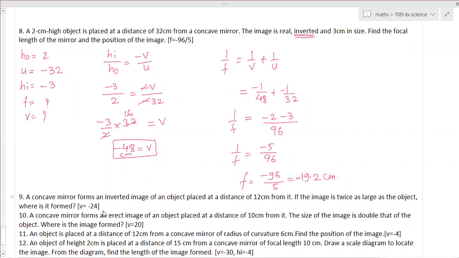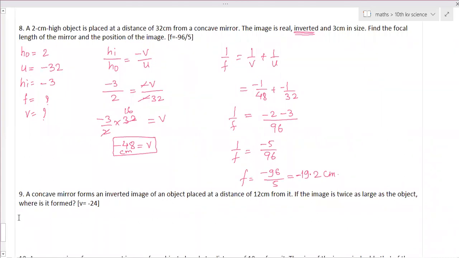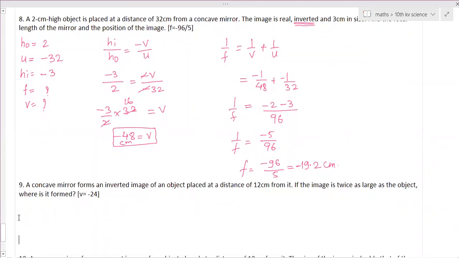Completed, Janvi? Any doubt? Ninth question, Rohit Krishna. Yes. What are the things given first?